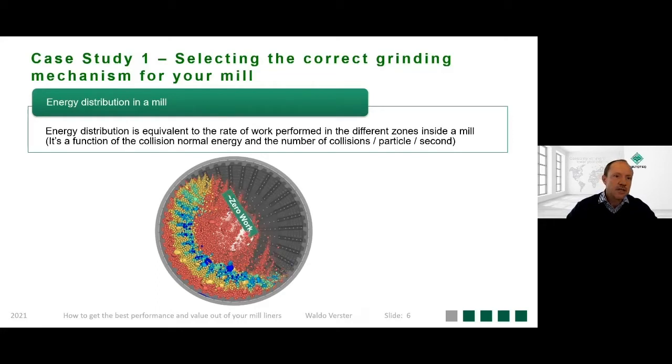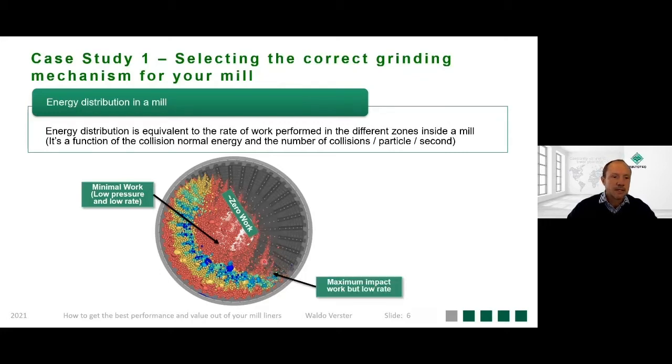So in this cascading zone, we see very close to zero work being done, material in free flight, so not a lot of interaction there. In the cataracting zone, we see a small amount of grinding being performed. It's a low pressure zone and a low rate zone. The impact zone, this is where we see the maximum impact work, but again, a relatively low rate.